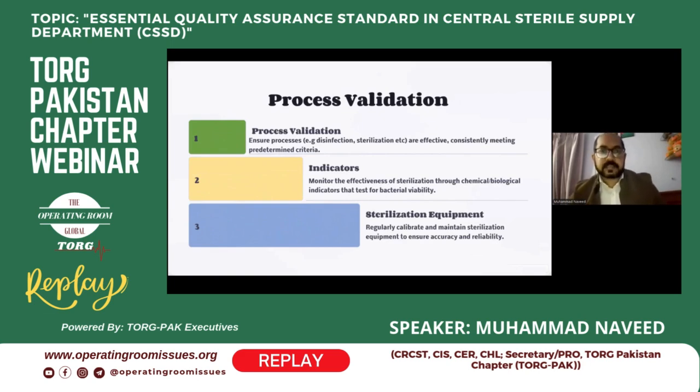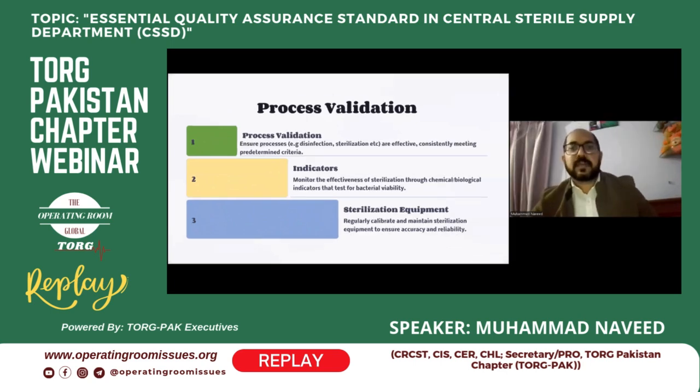Process validation is actually the basic thing when we are using quality assurance in our CSSD. Process validation runs from the beginning, when we are receiving the instruments in our decontamination area, through to sterilization and delivery; all of the process should be validated.